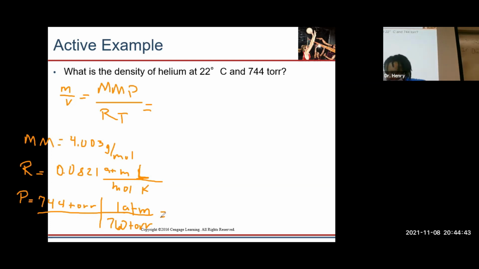0.979 atm. Then we have temperature, T equals 22 degrees, which we have to change to Kelvin. So 295 Kelvin. We plug and chug.